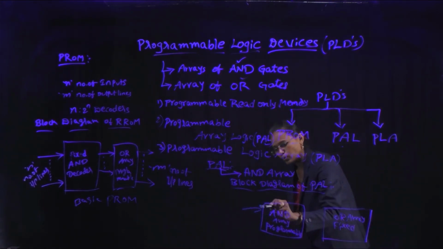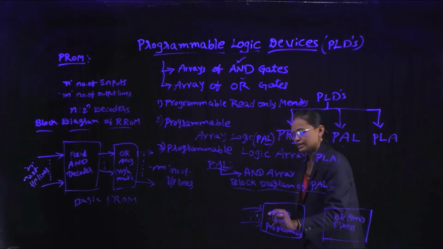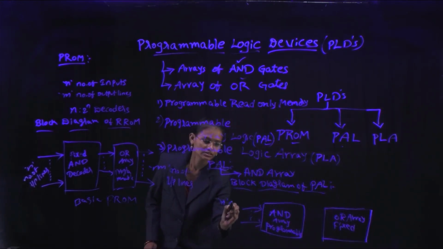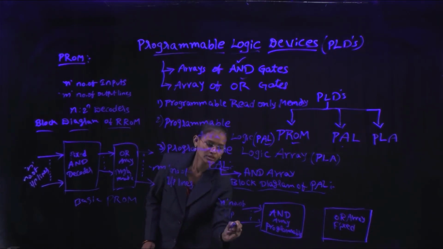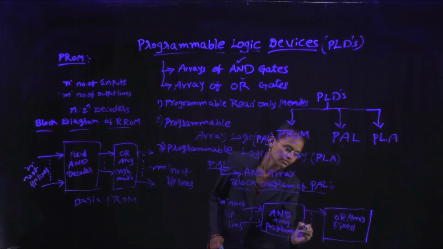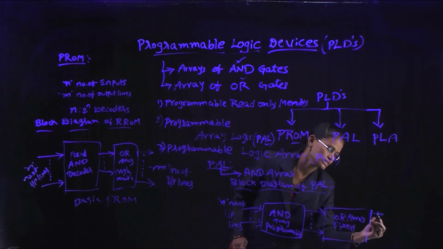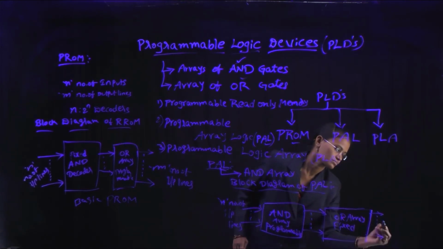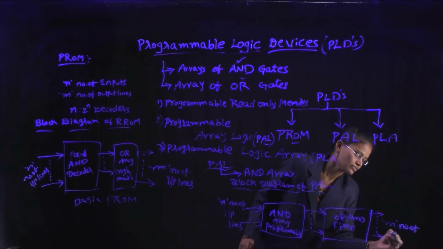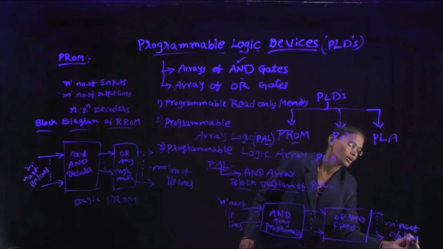Here also we are using n input lines. N number of input lines produces m number of output lines.